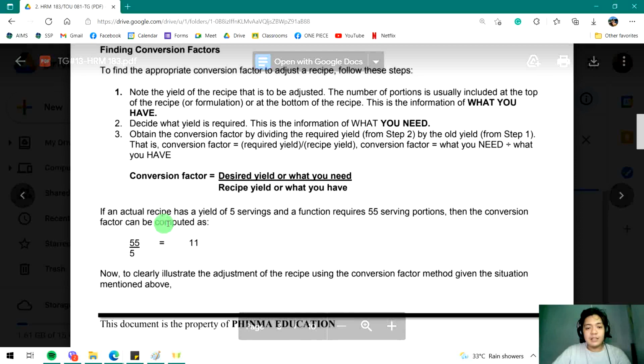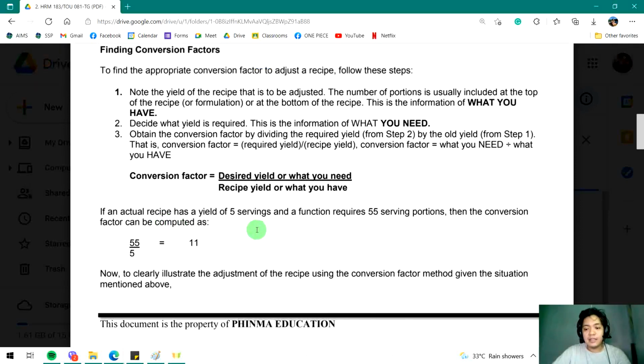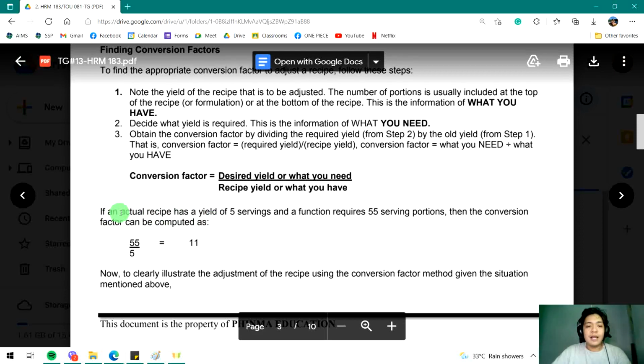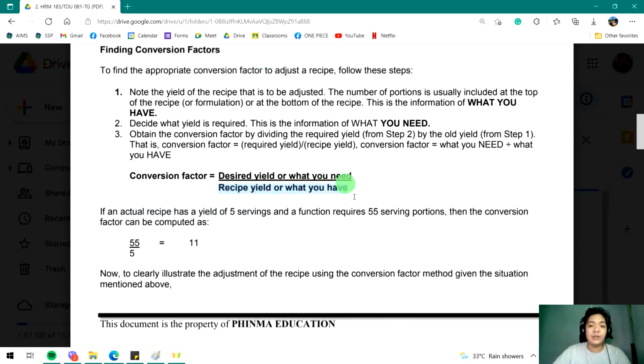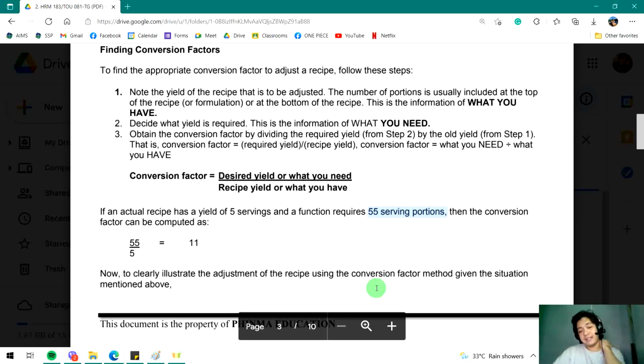So, sa example na ito, nakalagay na the actual recipe has a yield of 5 servings. So, ito yung information na meron na tayo. This is the recipe yield. And the function requires 55 serving portions. So, 55 ang kailangan natin na number of portions. So, hindi talaga kaya ng recipe yield natin, kasi 5 lang ang kaya niyang ma-produce.